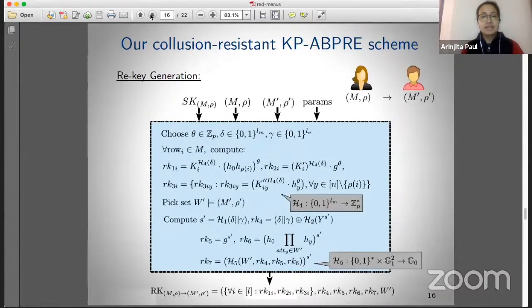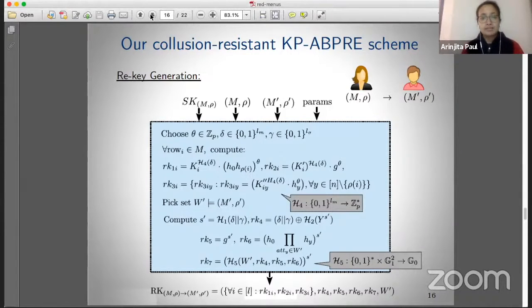So here we have our re-key generation algorithm. Similarly, in order to achieve constant size second level ciphertext, we are going to increase the size of the encryption keys by a factor of the number of unique attributes associated with the delegator's access structure. As you can see, in the component RK_i1, you have the keys associated with the delegator's access structure.